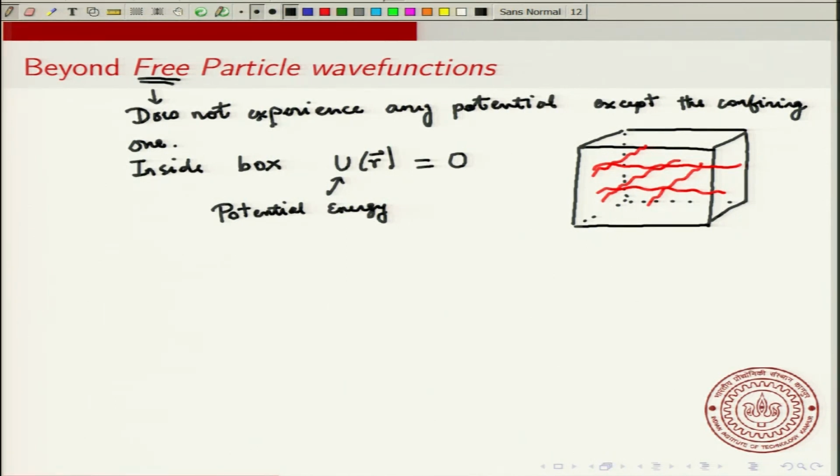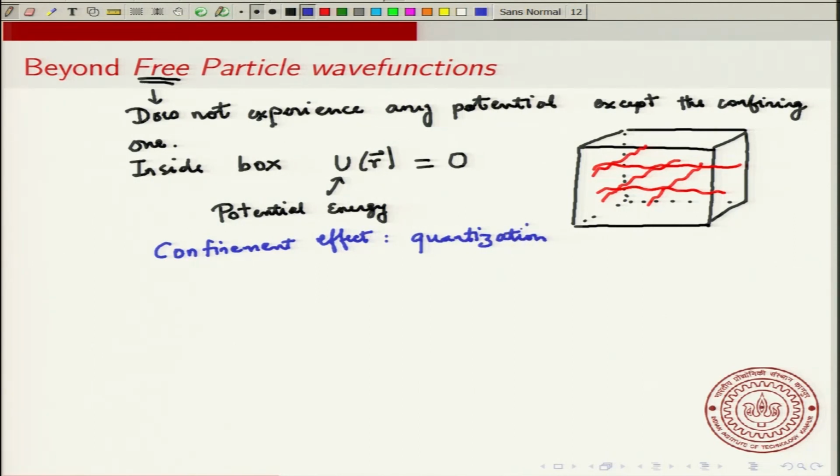That means inside the box the particle does not feel anything and it is a free particle inside the box, but there is still the confinement. The confinement effect is quantization of energy levels.